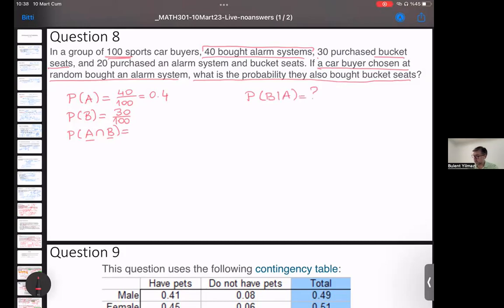So we know that if a car buyer chosen at random bought an alarm system, we know that the guy bought an alarm system.